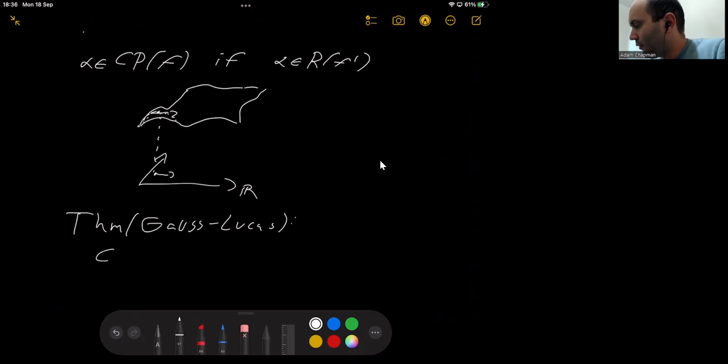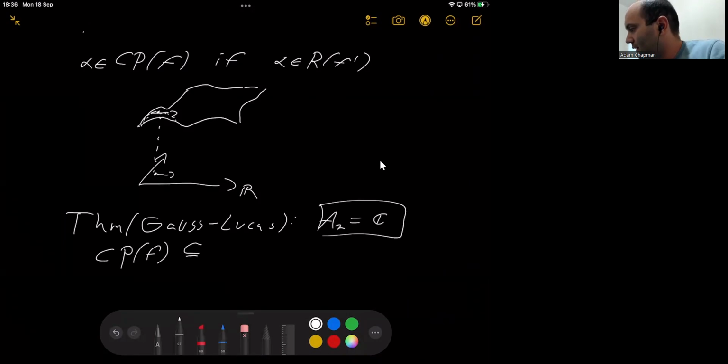the set of all the critical points, I need to say over which algebra. So here we're working in the complex setting. So when we talk about complex polynomials, the critical points of a polynomial live inside the convex hull of the roots of the polynomial.